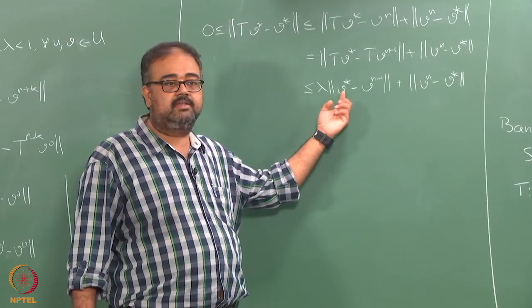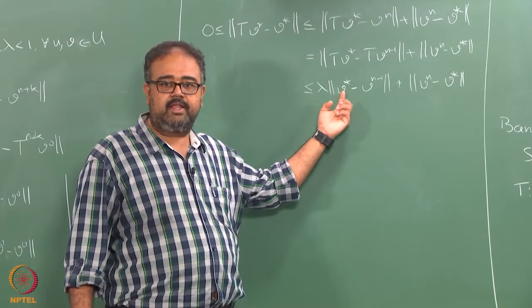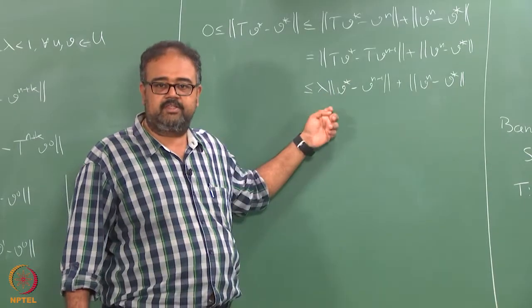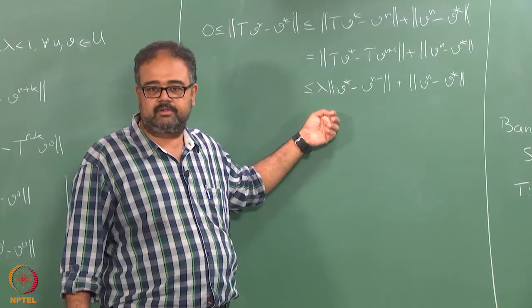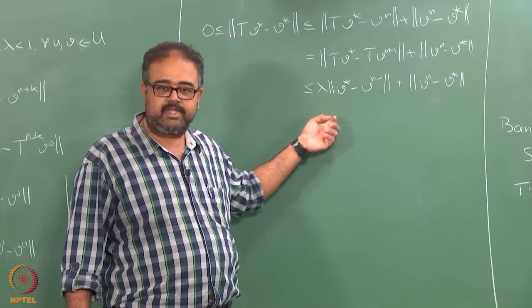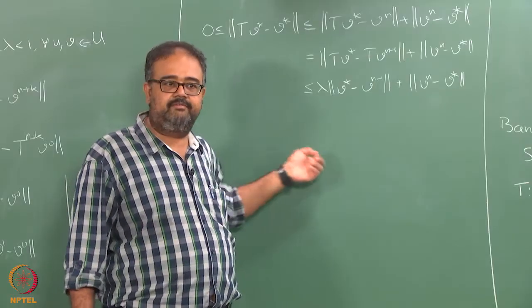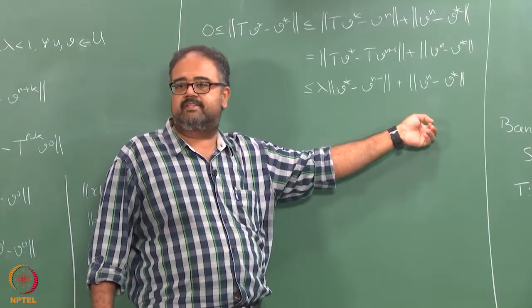V star is the convergent point. Because of it being Banach, we know that V star exists in U. Limit as n tends to infinity, Vn goes to V star. That is what we mean by saying it is convergent.